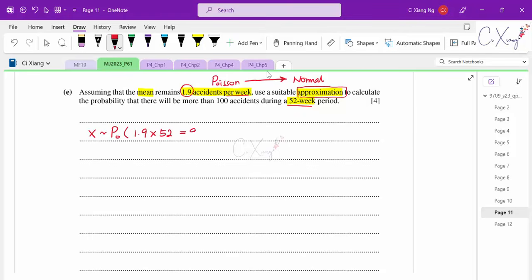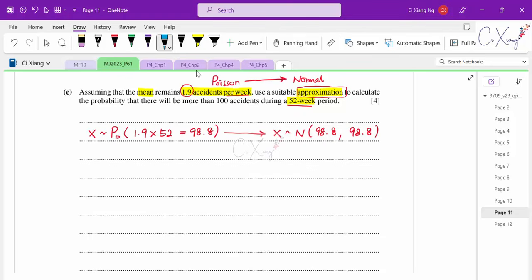So from here, I get a very large value, which is 98.8. So when I'm having a large lambda, I can change it become normal distributed, where the mean is 98.8, the variance is also 98.8, because for Poisson distribution, both mean and variance are having the same value.